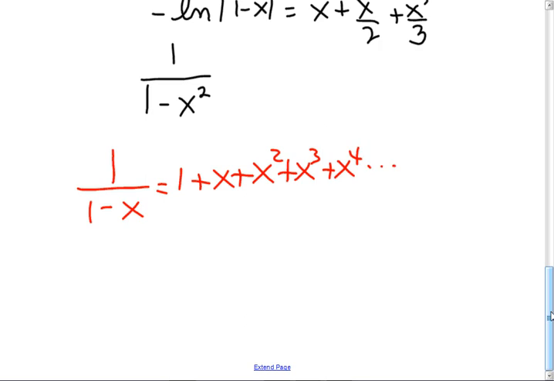That's why I like the review at the end of the year, because all of a sudden things come together. Okay, guys? So what am I going to put in here for x? 1 minus. Yeah. So this is 1 plus x squared plus x to the 4th plus x to the 6th.